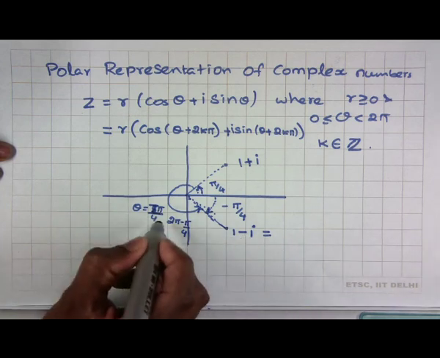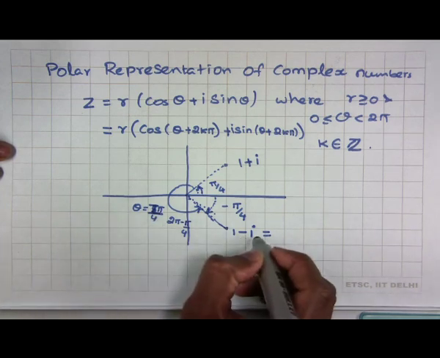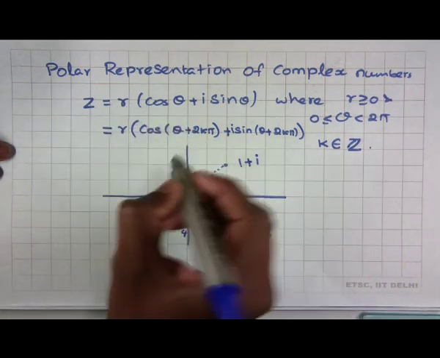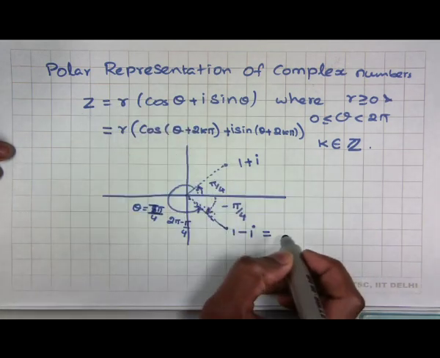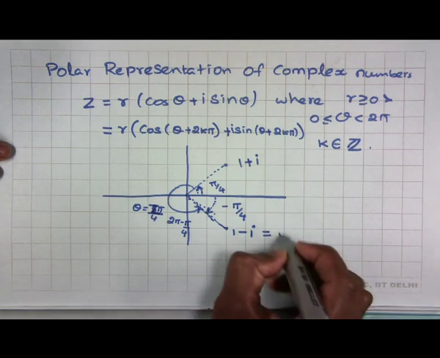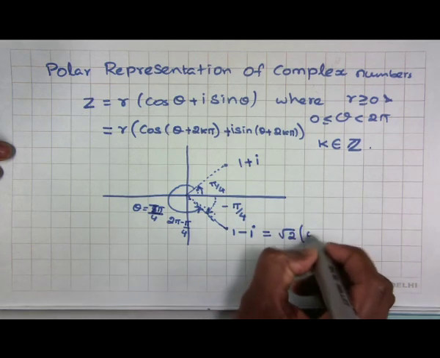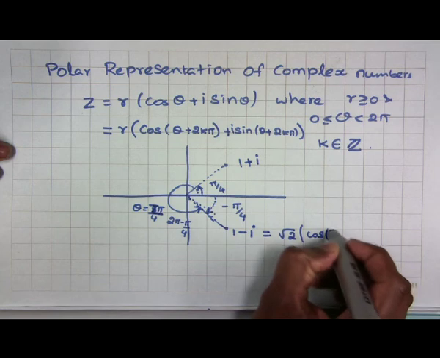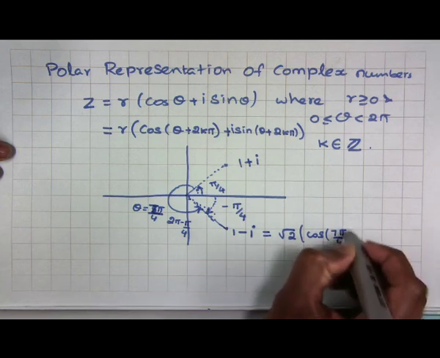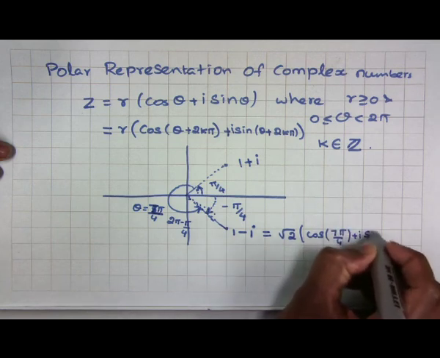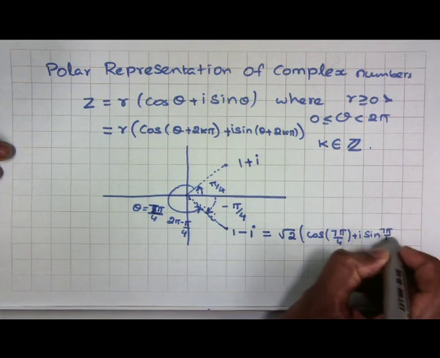And here, if we write with respect to this theta value, what we see is 1 minus i, and the representation, where r denotes the modulus of the complex number, which is root 2, times cos of 7 pi by 4 plus i sin 7 pi by 4.